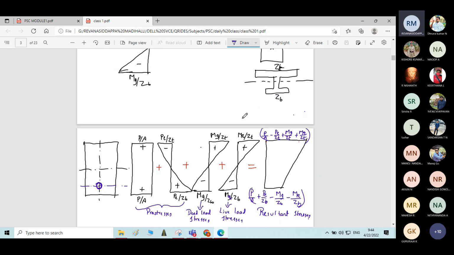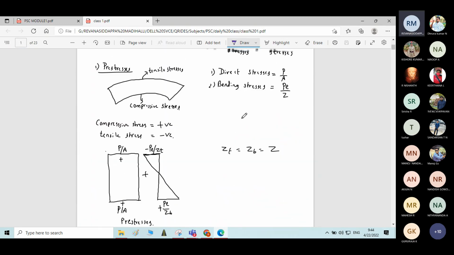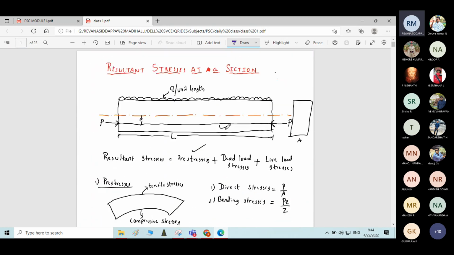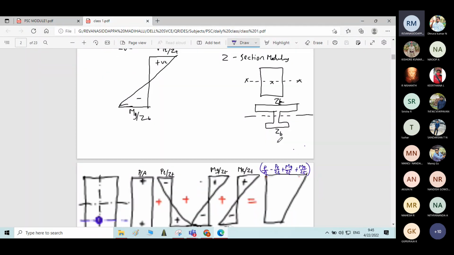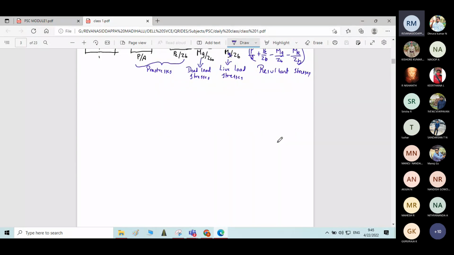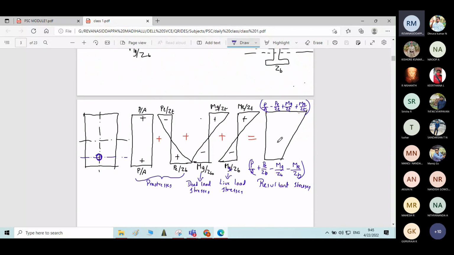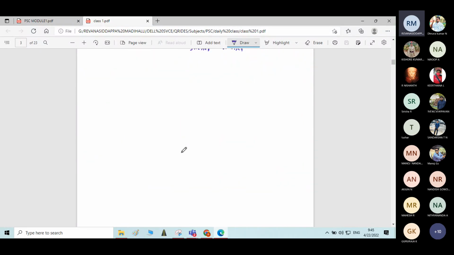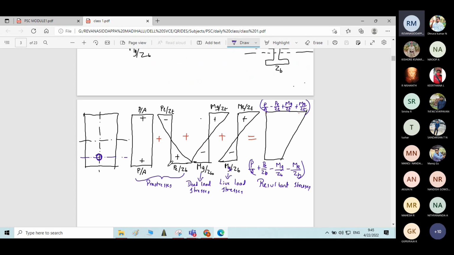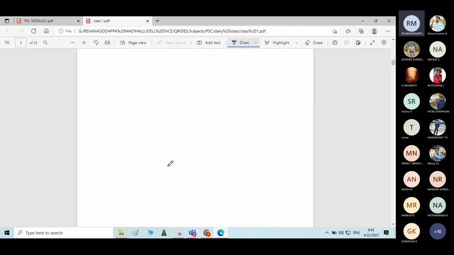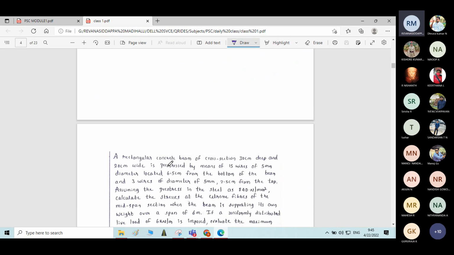Here the respective values will be given: the live load on the beam, the cross section of the beam, the magnitude of the pre-stressing force. Just substitution and getting the answer. You need to calculate and draw the resultant stress distribution diagram. That is what will be there in the problems.